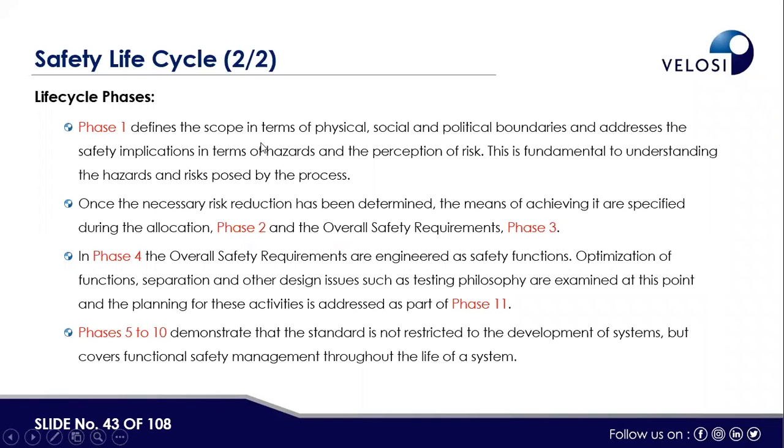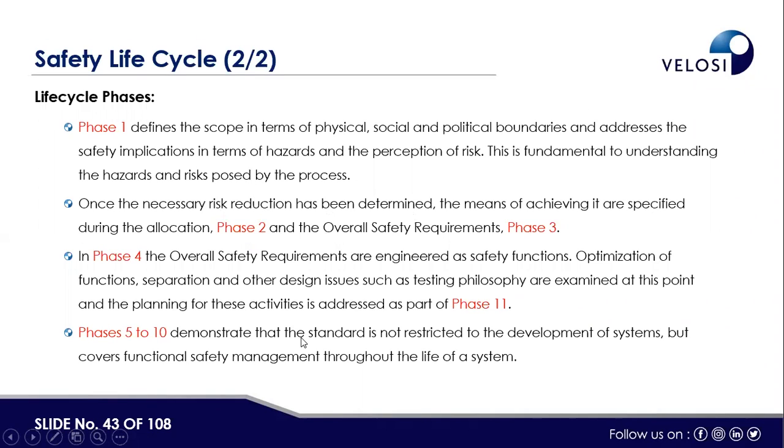Phase one: define the scope in terms of physical, social, and political boundaries, and address the safety implications in terms of hazards and the perception of the risk, which should be managed by this SIF. Now, phase two: once the necessary risk reduction has been determined, the means of achieving it are specified during the allocation, phase two, and overall safety requirements in phase three.